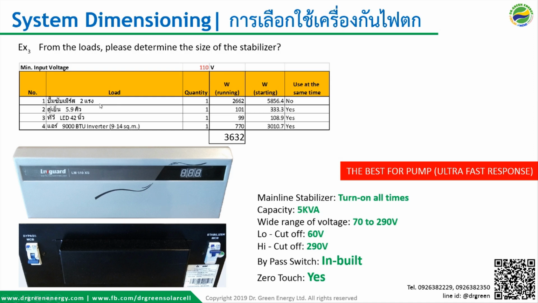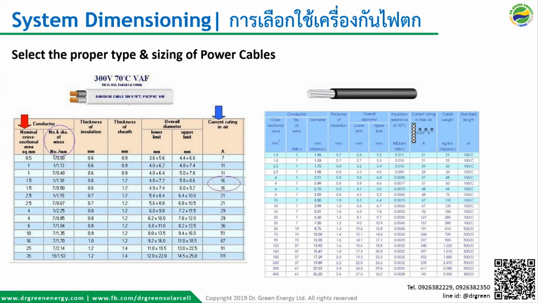And for this table, the customer is using a submersible pump, so we can choose this model because it has a very fast response, which works very well for the submersible pump. That's why we choose this model, the Dr. Green Lift Guard LM510XS, for this case. All right, so this is the example.